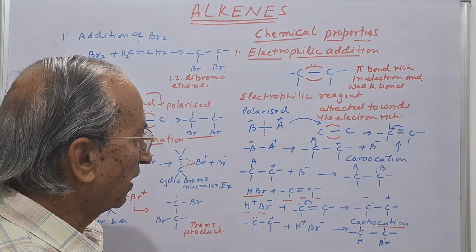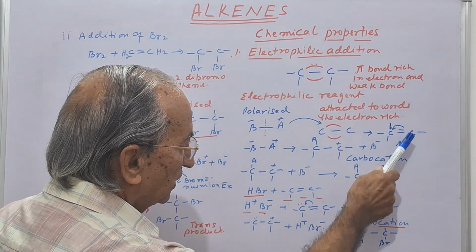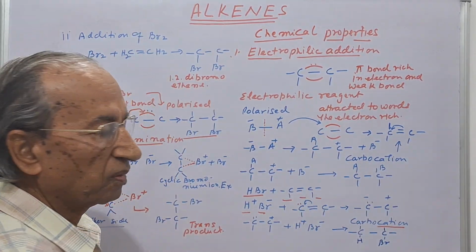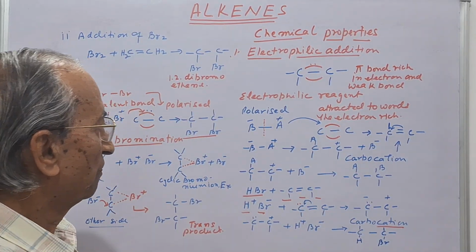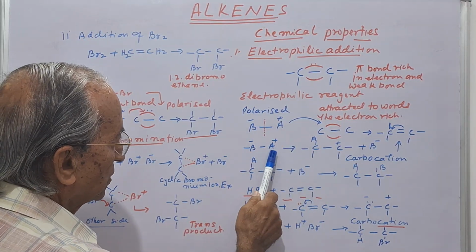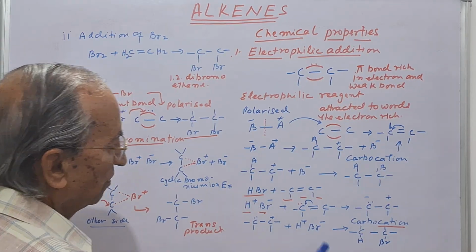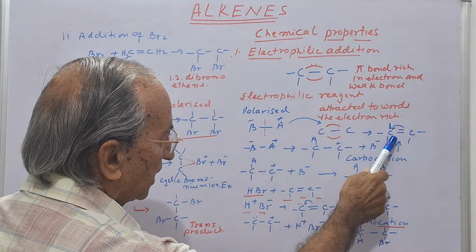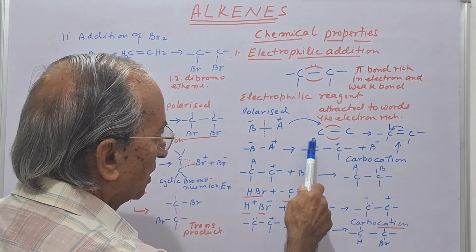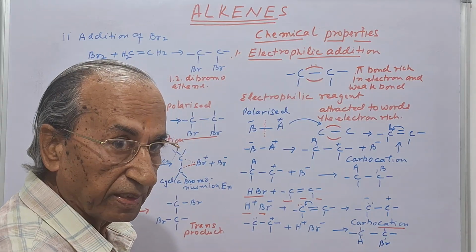In the second step, what happens? In the case of the ethylene, the electron pair is shifted towards one of the carbon atoms. The polarized reagent, suppose A and B, where A is positive and B is negative, and in the case of the ethylene, the pi bond shifts towards one carbon atom and it becomes enriched.